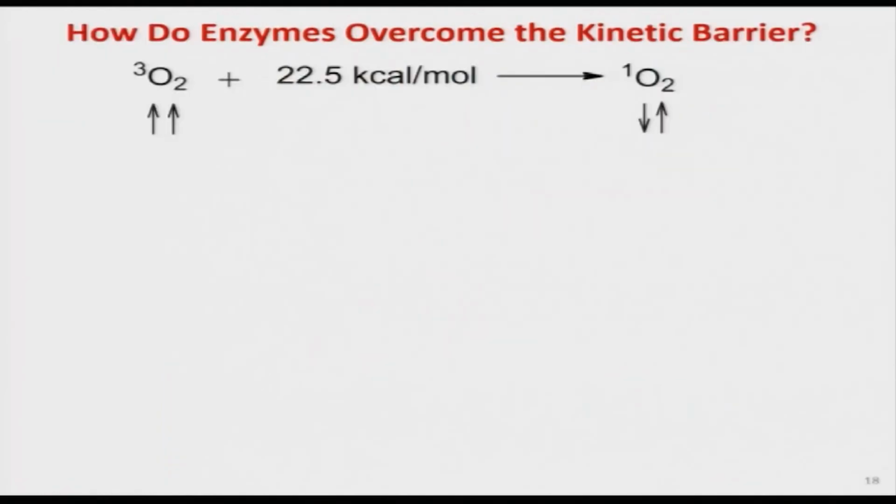Now, coming back to triplet oxygen and singlet oxygen. As I have said, if you give triplet oxygen energy of about 22.5 kcal per mole, you produce singlet oxygen. So, this is a kinetic barrier one has to cross so that singlet oxygen can be highly reactive, and you can do that in the laboratory. This 22.5 kcal per mole energy is too much for a biological system. Now, how do enzymes overcome this kinetic barrier?